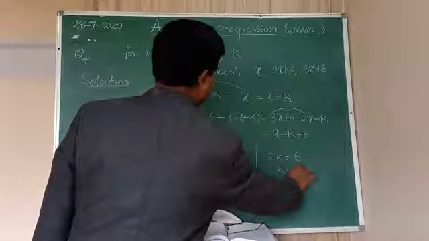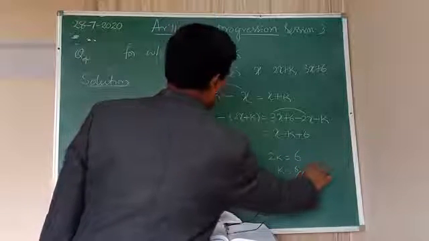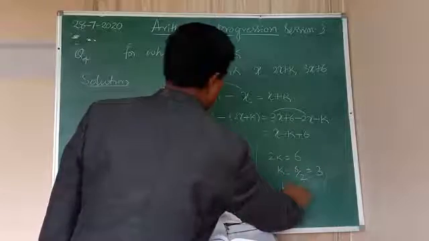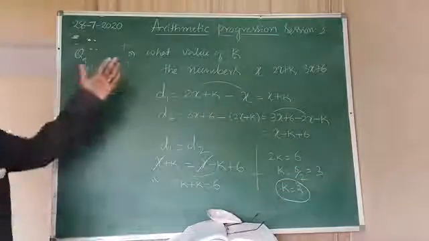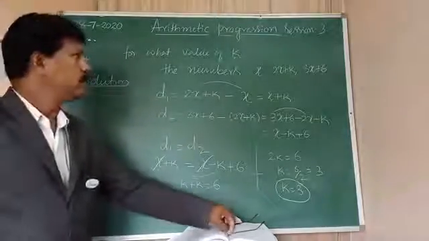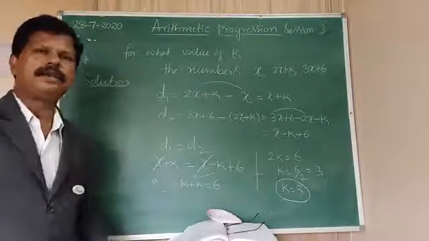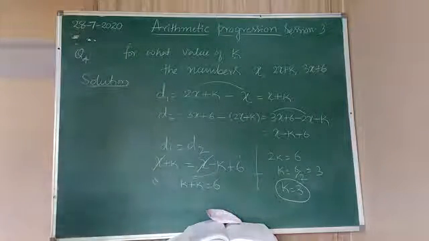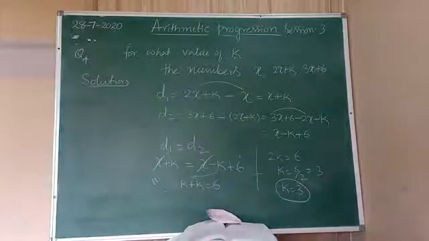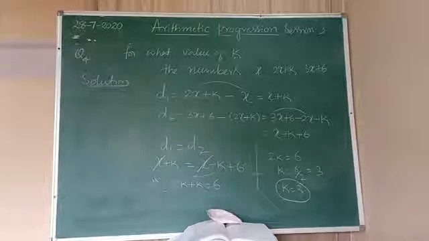K is equal to 6 by 2, that is 3. So k value is 3. Then substitute the values in the given numbers, then you will get the AP. Clear? So this is finding the value of k.